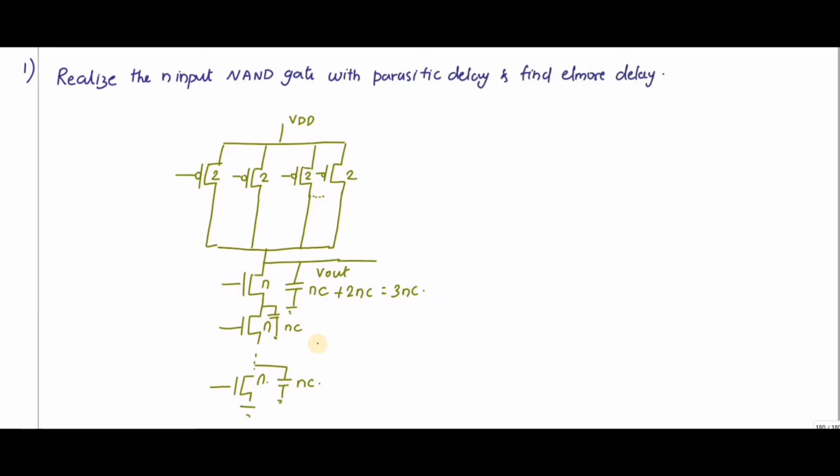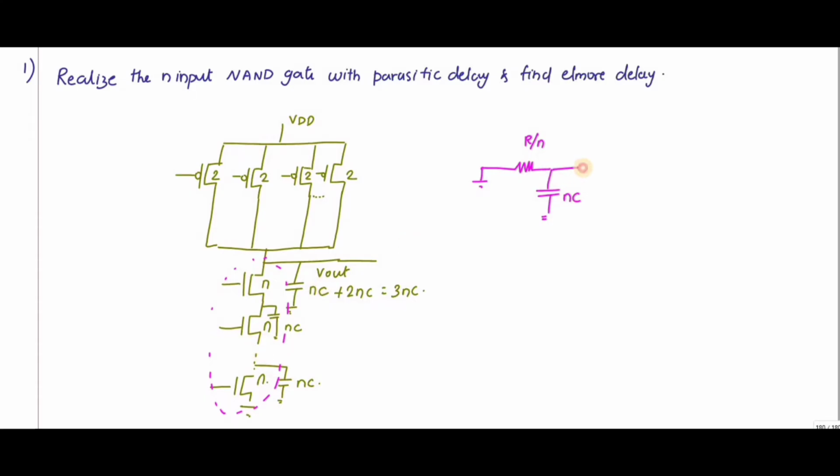Now let me redraw this diagram. I am going to consider only this part, from ground to output. Starting from ground, there is a resistor R by n followed by this capacitor nC.